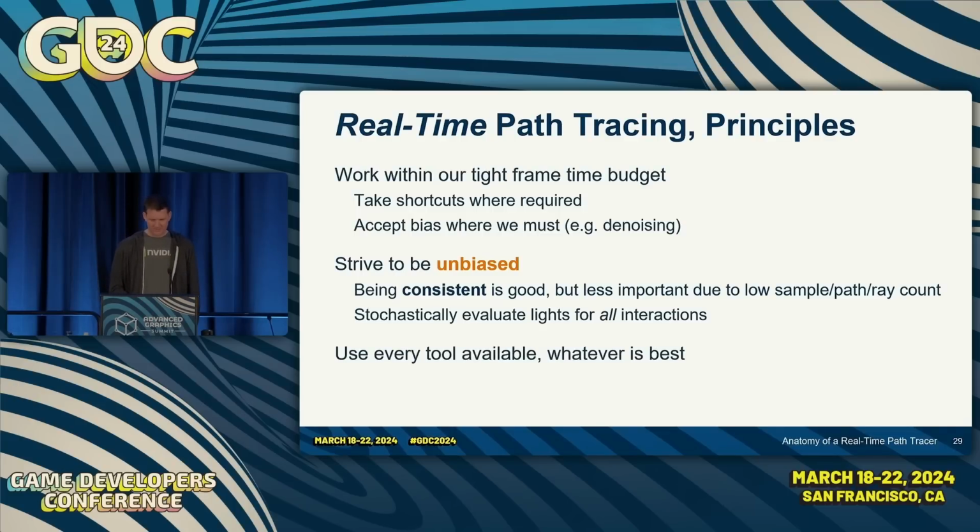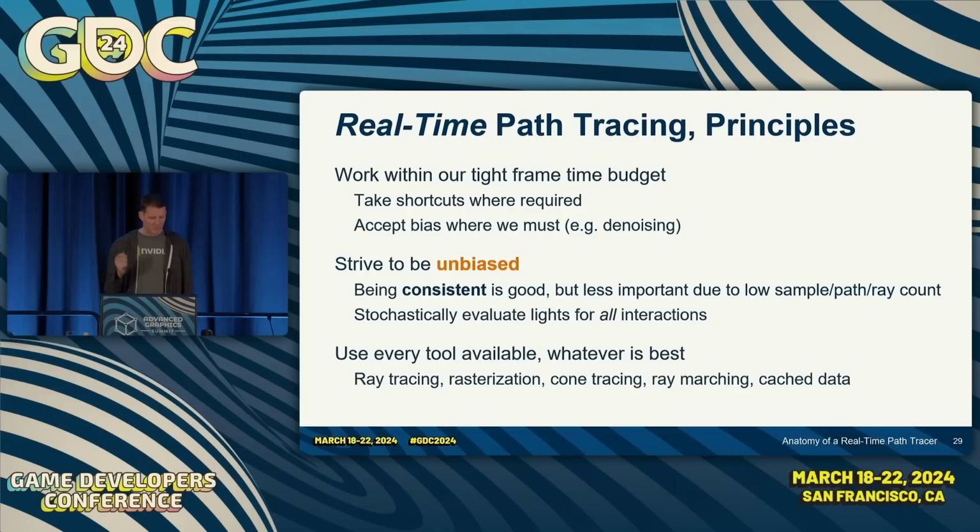All right, next. At each ray segment along a path, we're going to determine light transport with the best method we have available. And this is an important principle. This means that things like ray tracing, rasterization, cone tracing, ray marching, cache data, they're all on the table. Path tracing itself doesn't require that ray segments all be ray traced. And determining the best method is a combination of a few factors.